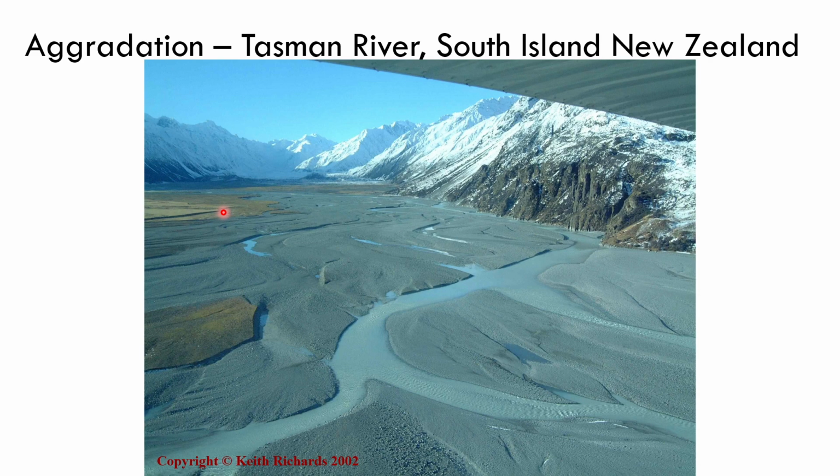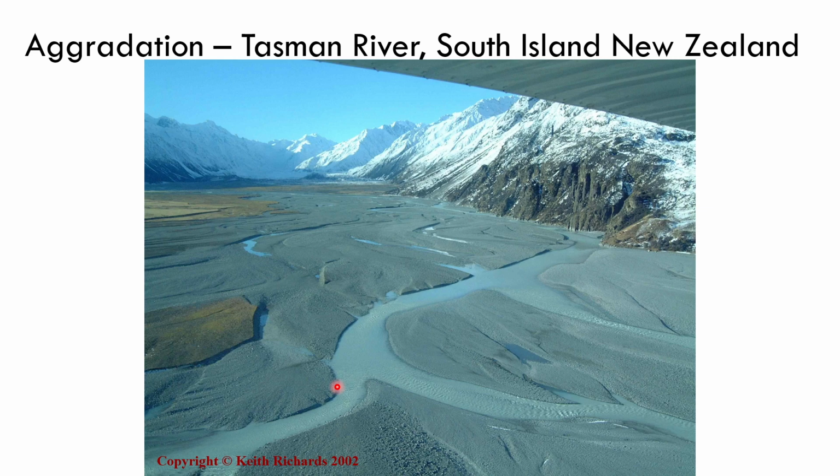Okay, if we go the other way, into the aggradation side of things, we can look at things like increased sediment supply. This is from the South Island of New Zealand, up in the Southern Alps, and you can see the braided form here. This is all sediment that's being released from glaciers upstream melting and depositing sediment into the valleys.